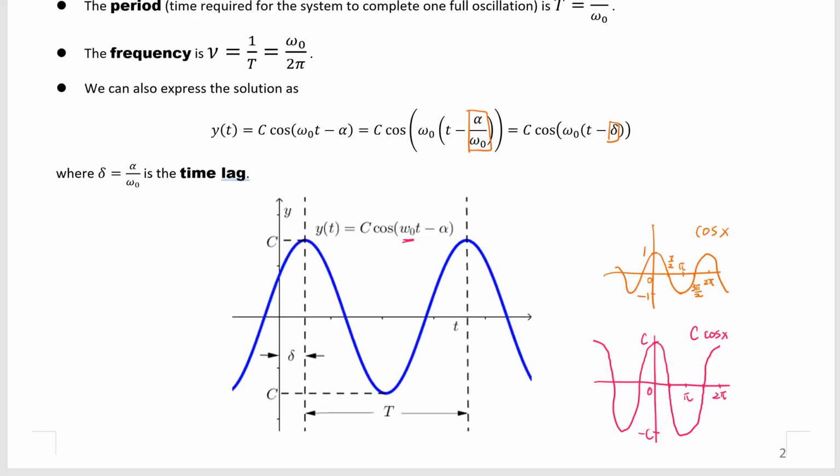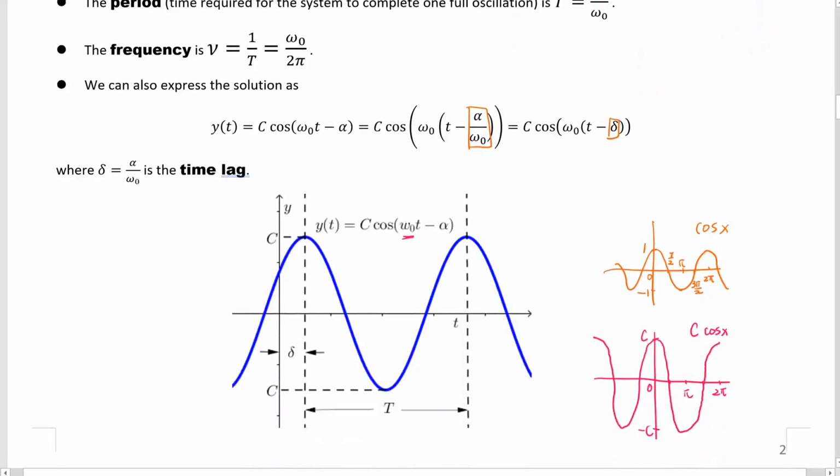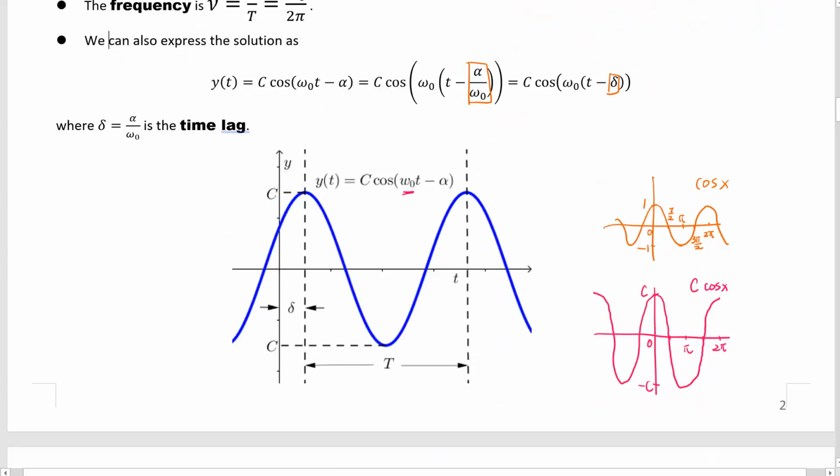Okay. And then next we have, let me see. And what about the time lag delta? The delta is like we shift the curve to the right delta units. So this is how much we shifted.